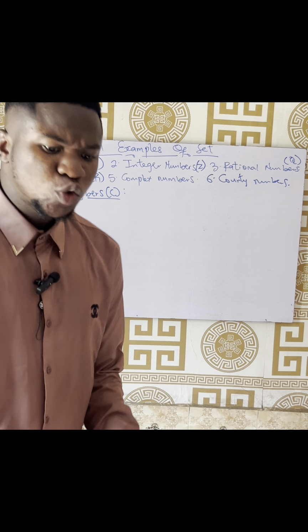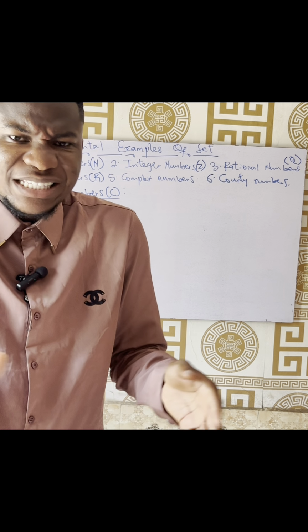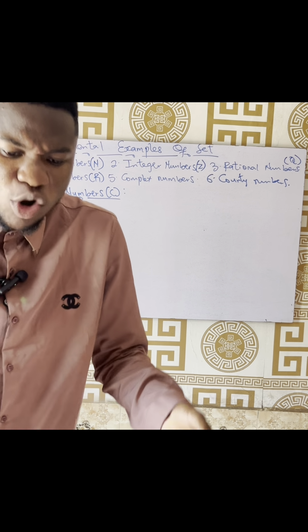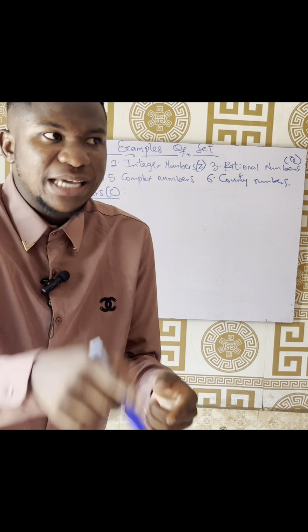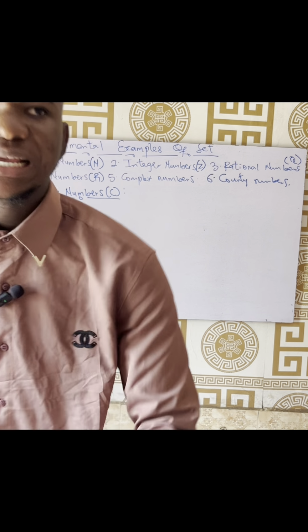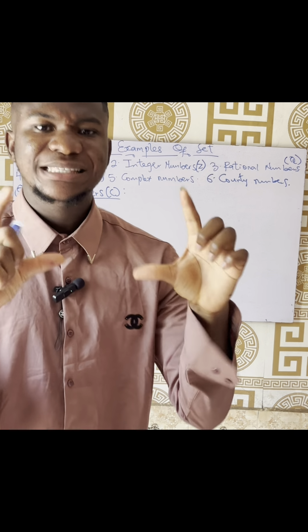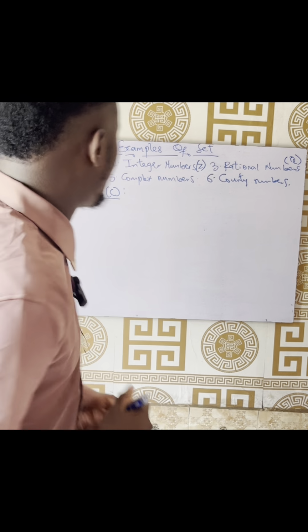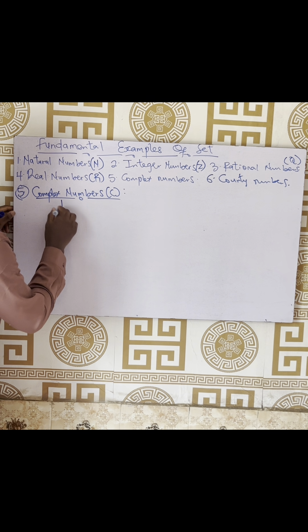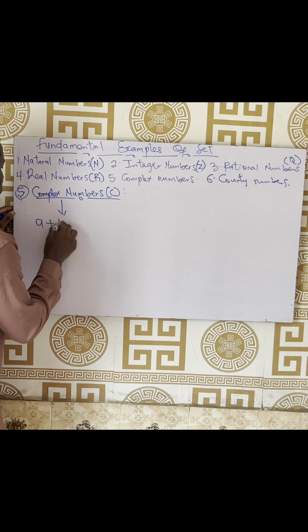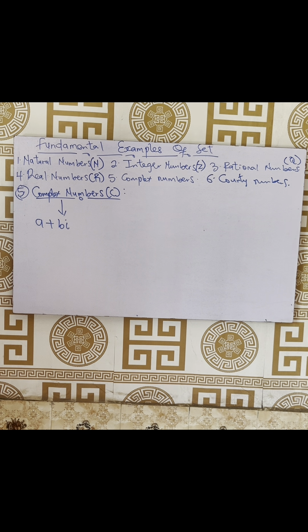But how are we going to be able to identify complex numbers? How are we going to identify that this particular number is a complex number? All complex numbers always take the form a plus bi. This simply means that all complex numbers are always written in the form a plus bi.